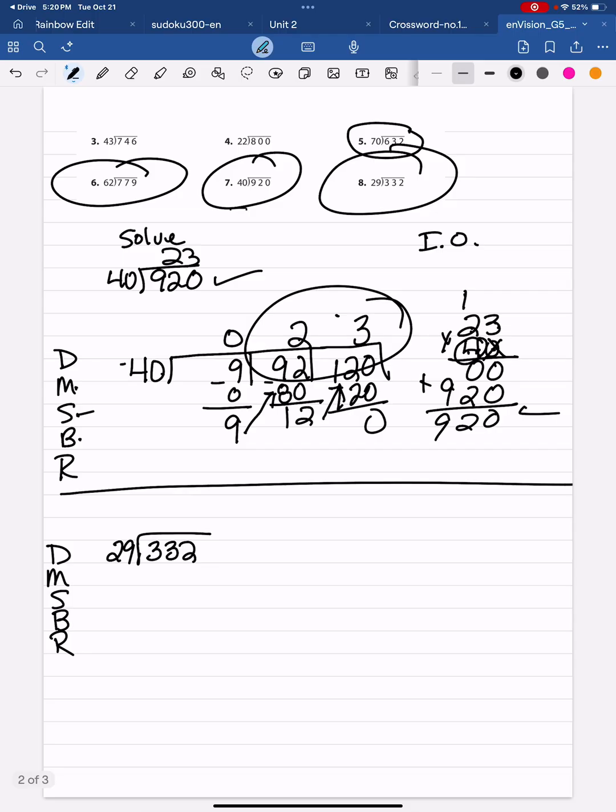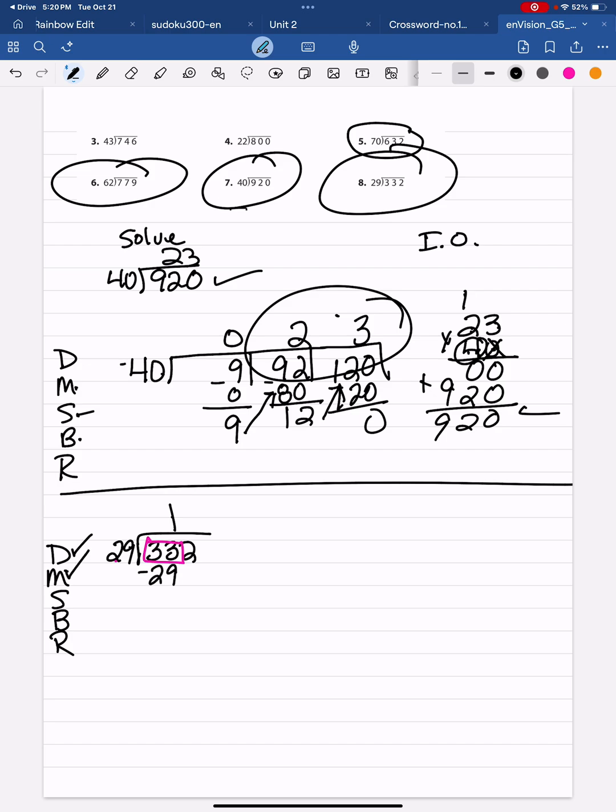29 cannot go into 3, so we're going to come over to the next 3. And now we have 33. 29 will fit into 33 one time. We've divided. Now we multiply. 1 times 29 is 29.